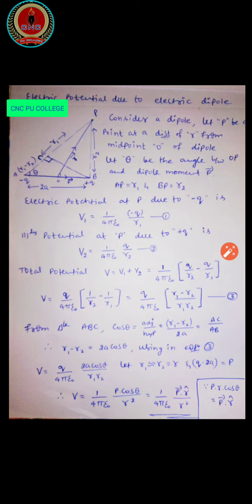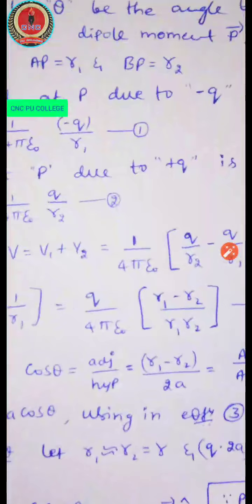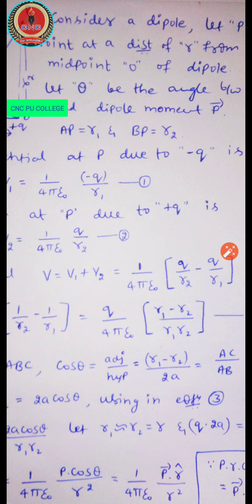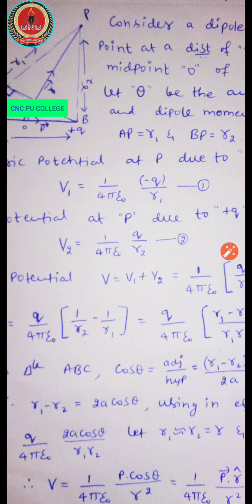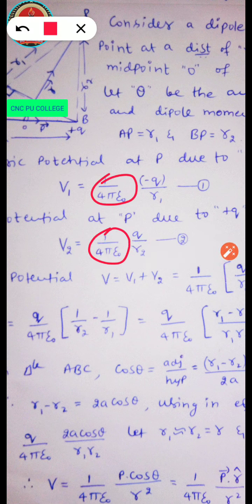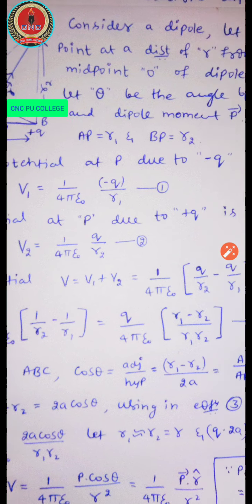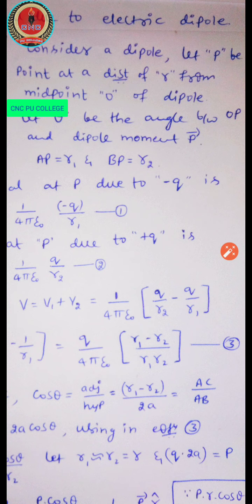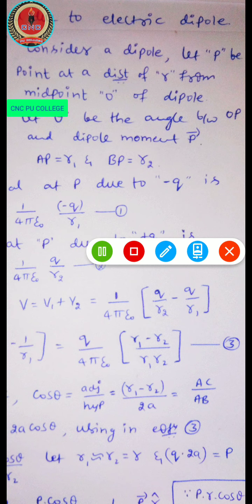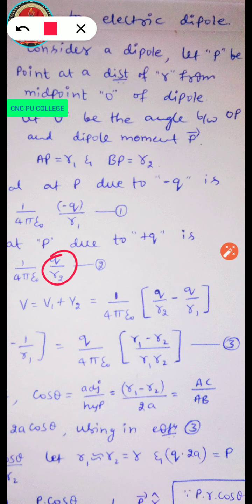By observing equations 1 and 2, we can take the common factor 1 by 4 pi epsilon naught. In equation 1 we have 1 by 4 pi epsilon naught, in equation 2 also we have 1 by 4 pi epsilon naught, and Q is also common. Yes, we can take 1 by 4 pi epsilon naught as common, and I am writing the positive term first, that is Q by R2 minus Q by R1, because of the negative sign.